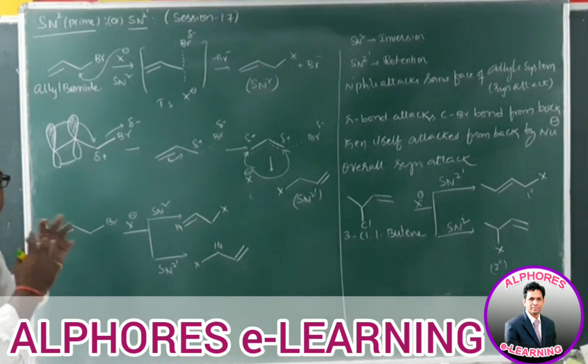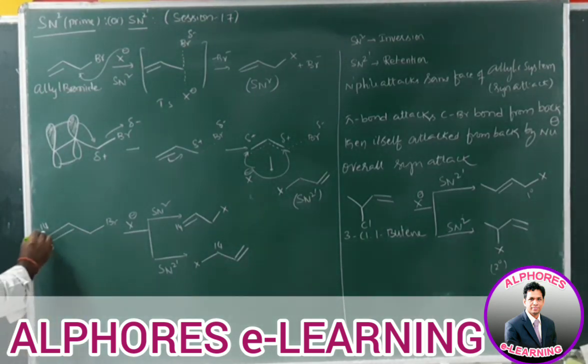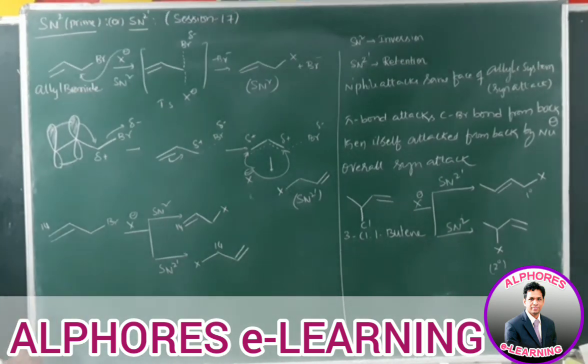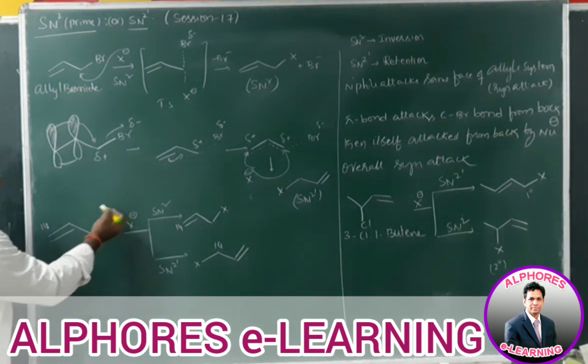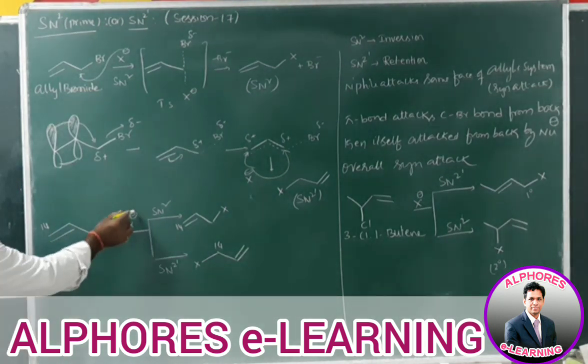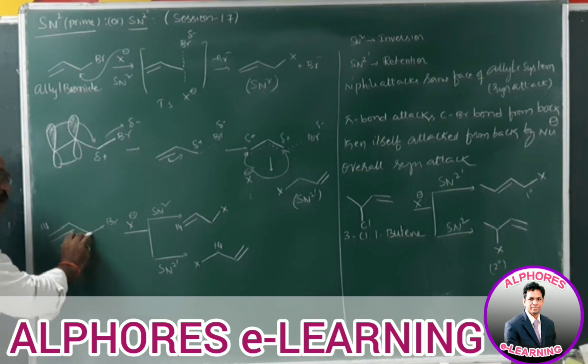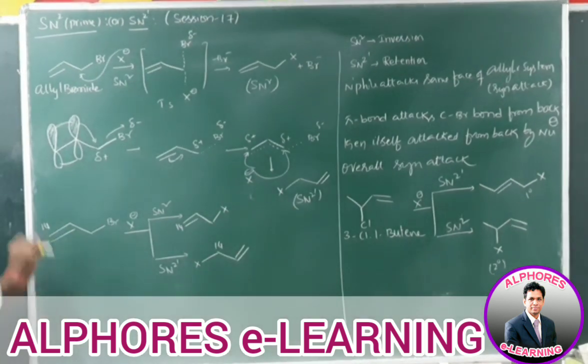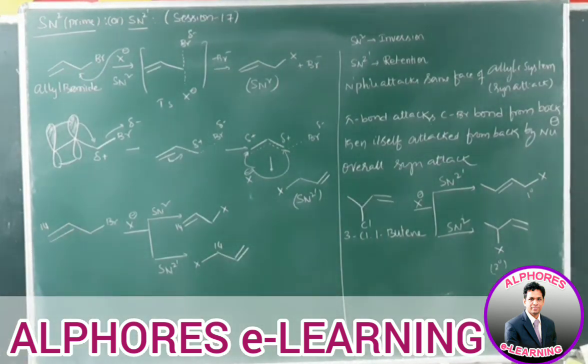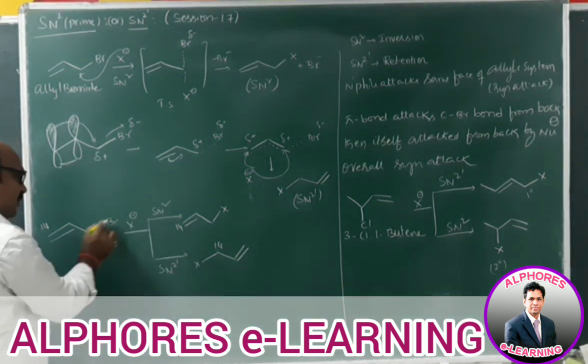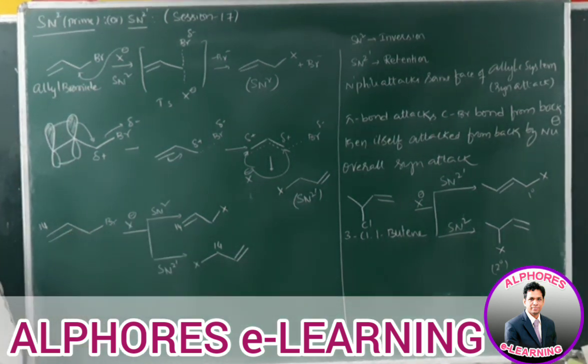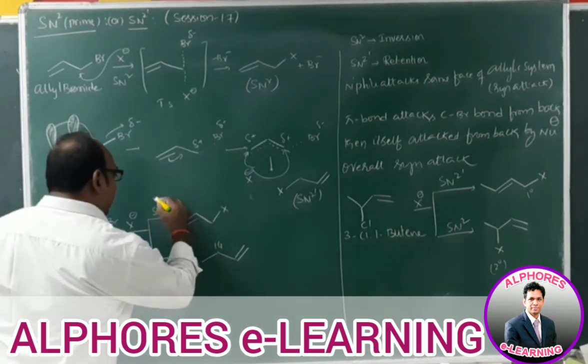To distinguish that, I consider the C14 isotope here. Now, when Br comes out as Br minus, if the nucleophile attacks only the carbon that contained the leaving group, that is, X minus attaches to this carbon only, then the product is what we call the SN2 product.